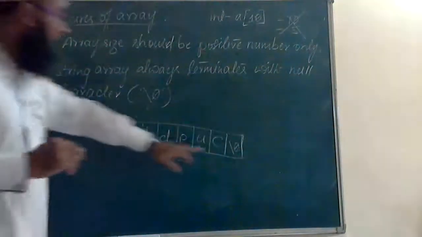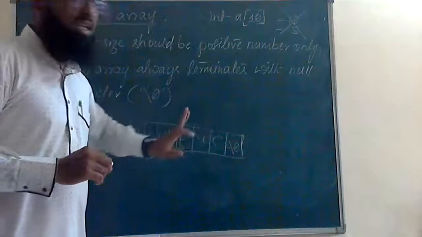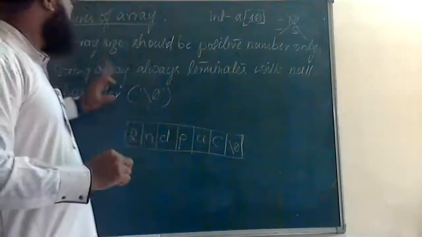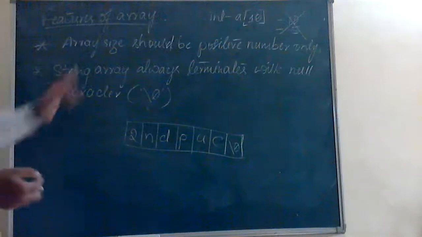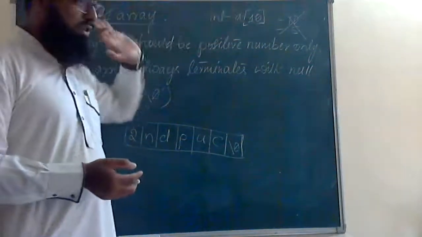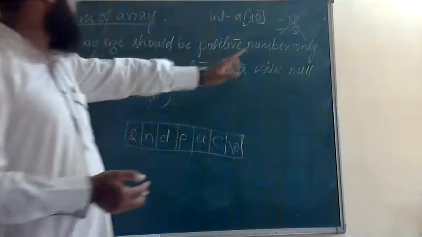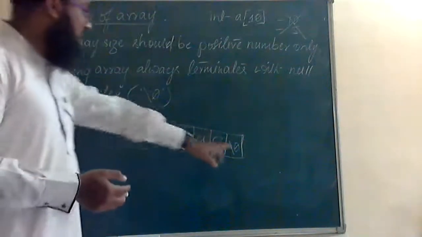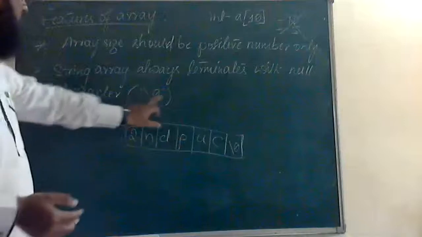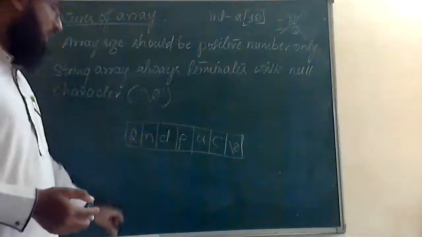The end of string array should be the null character. That is the second feature of your arrays. Array size should be of positive number. Then the string array always terminates with null character. Null character means it is 0. Null character can be denoted like this.